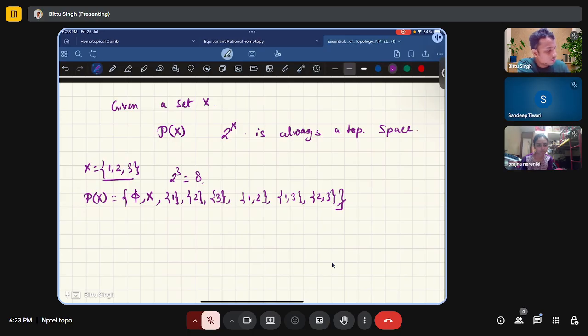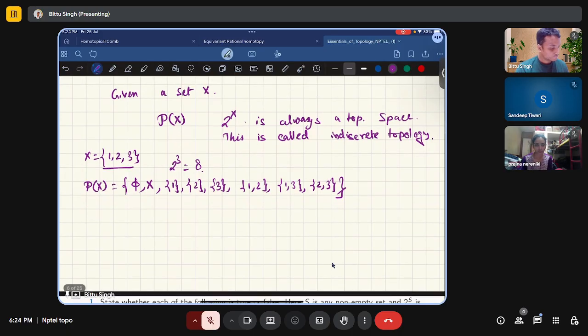This space is called the discrete topology. Discrete topology means the maximal thing: there is no other topology which is bigger than this topology. It has everything. It is the finest possible topology.